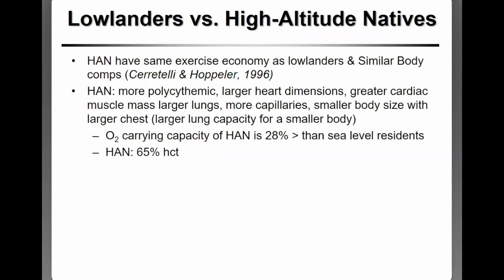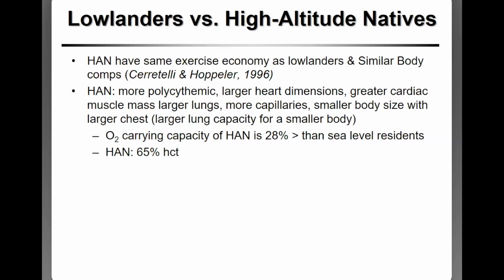The high altitude natives have larger heart dimensions, greater cardiac mass, larger lungs, more capillaries, and they have a larger chest in relation to their total body. So they have a larger lung capacity in relation to lowlanders.